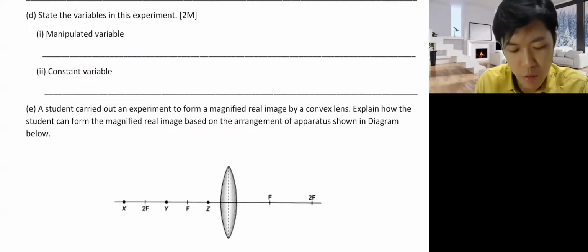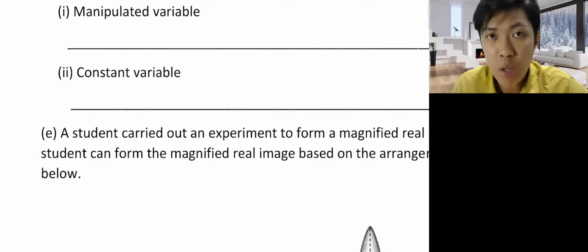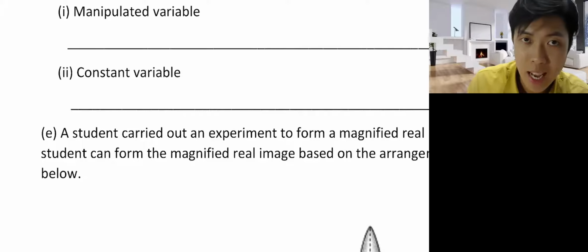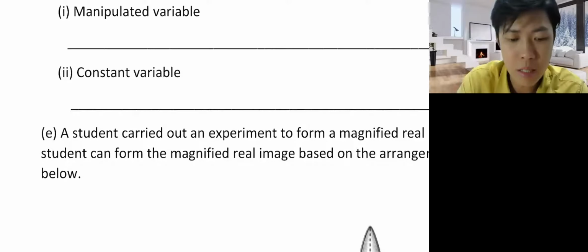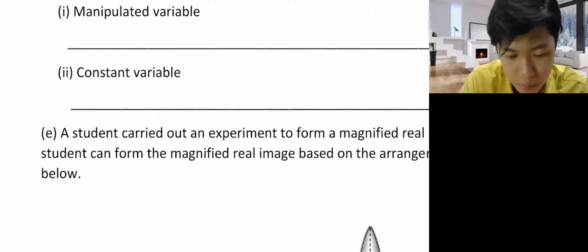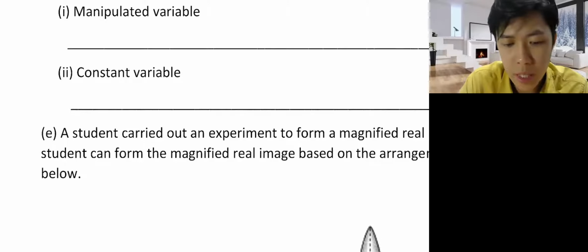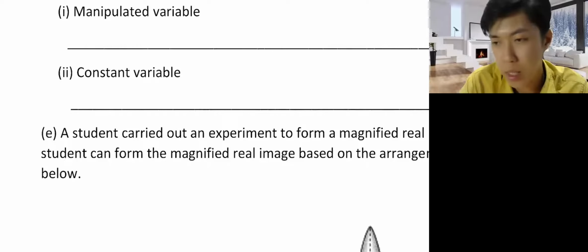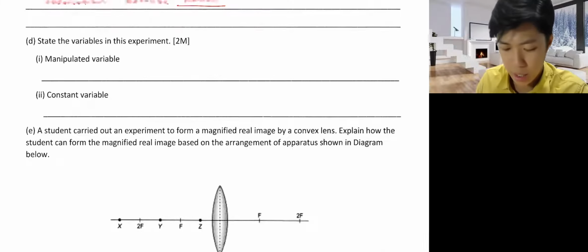So for your constant variable, you can write the distance between the object and the convex lens.